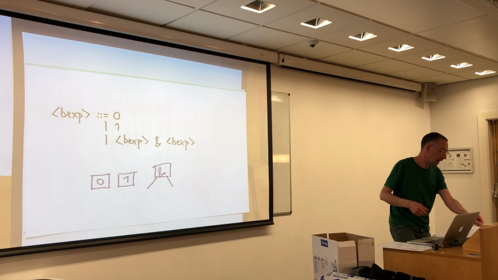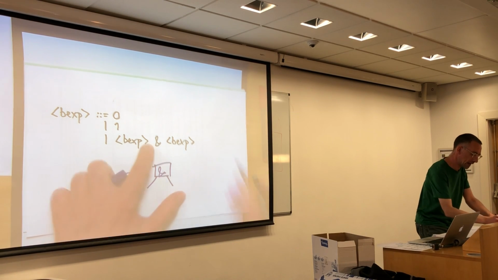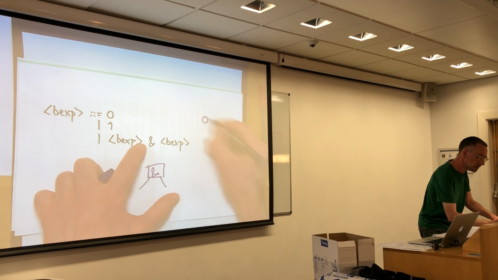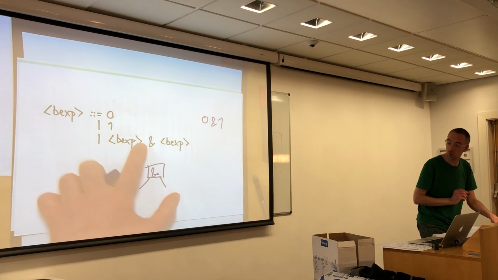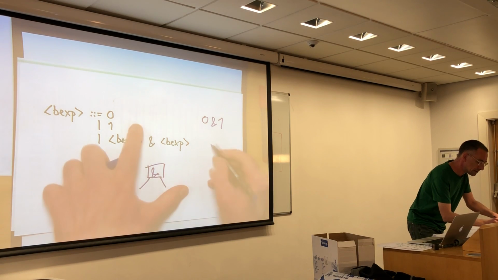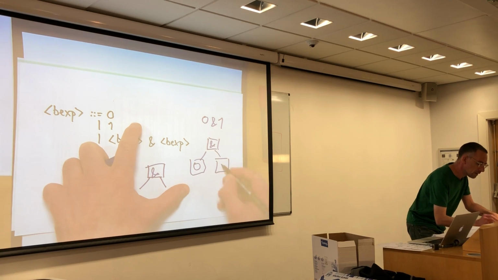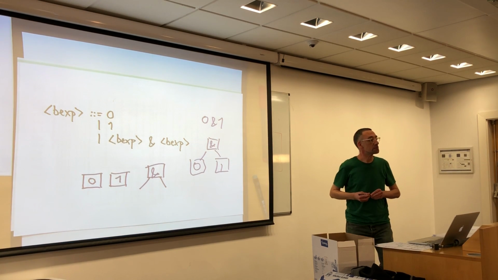For example, this tells you that it's perfectly okay to type, I don't know, 0 and 1, and that ought to turn into that lump of Lego.